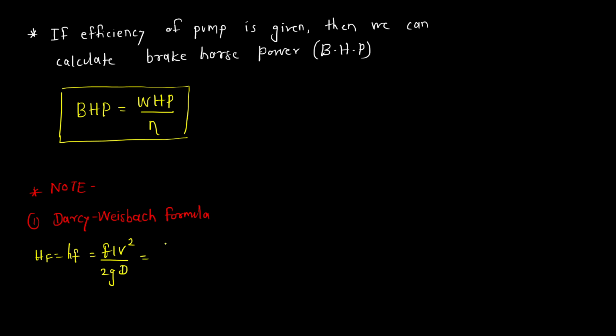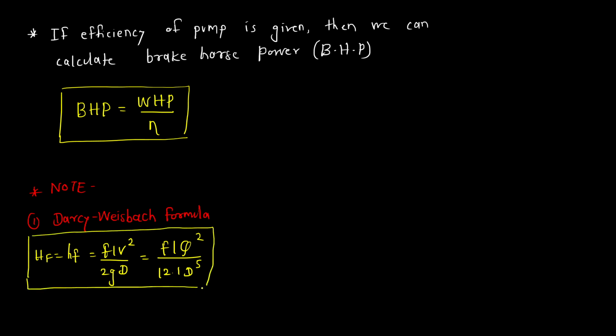In terms of Q, we can write it as f L Q square by 12.1 into D to the power 5. You can revise the notes already on the channel to see what the individual units are, small f, L, Q and everything. Right now we won't waste any time on this.